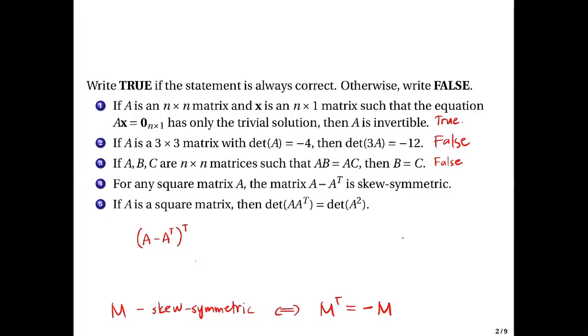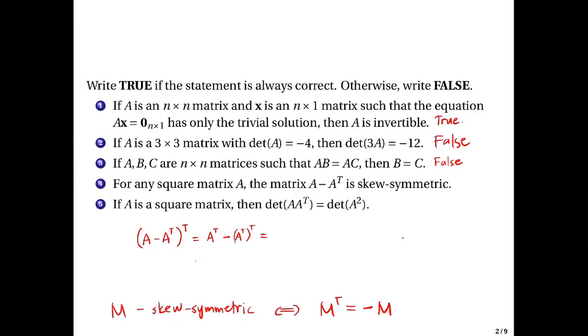Now, the transpose operator, you can distribute it over the sum. So this is just A transpose minus A transpose transpose. But the transpose of the transpose is the original matrix.